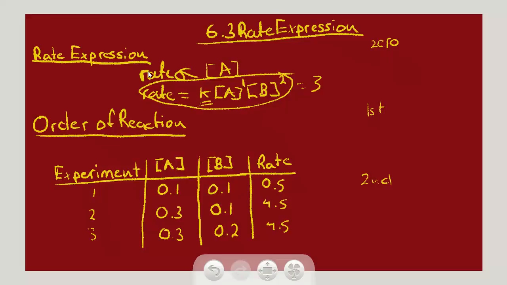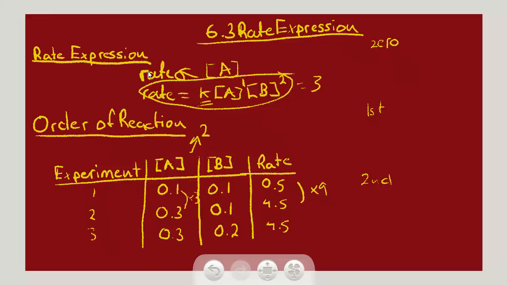However, when we triple the concentration of A, but we keep the concentration of B the same, the rate would increase by 9, whereas the concentration of A increases by a factor of 3. When we see this, there's an exponential relationship between 3 and 9, signifying that the order of reaction for the concentration of A is 2.